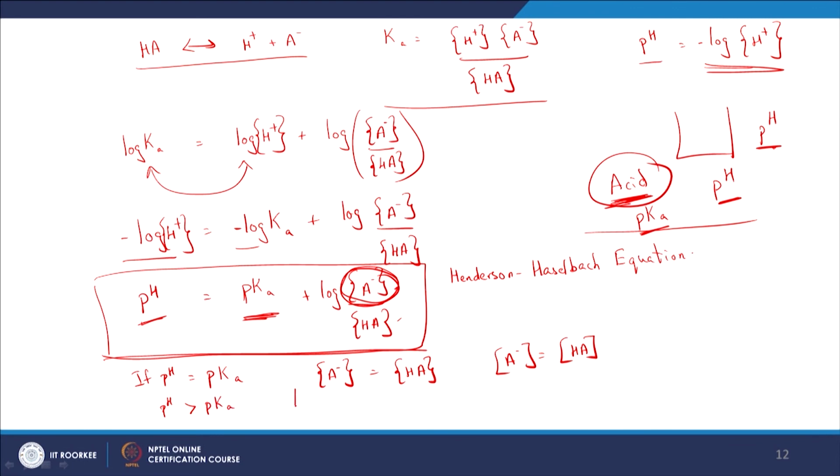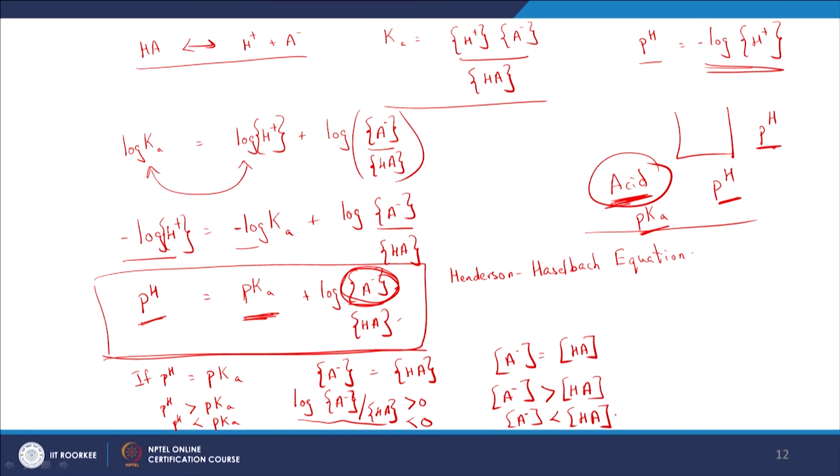It means the log of activity of A minus by activity of HA is greater than 0. What does that mean? It means the concentration or activity of A minus is going to be greater than concentration of HA. And same case, if pH is less than pKa, this particular variable is going to be less than 0. And what does that mean? The concentration of the conjugate base is going to be less than the concentration of the acid, right.